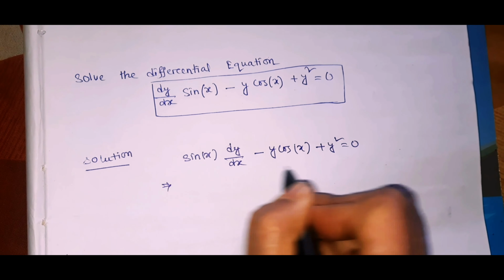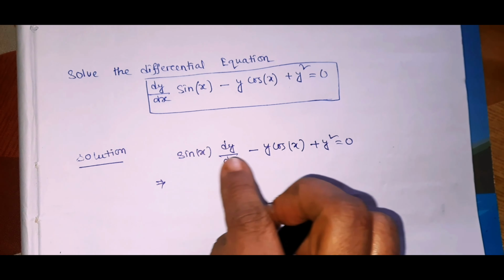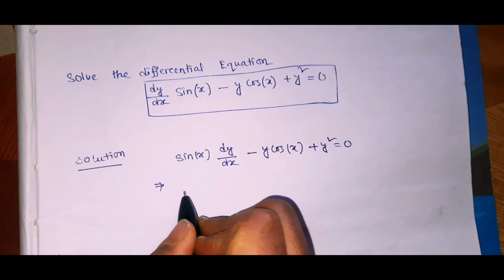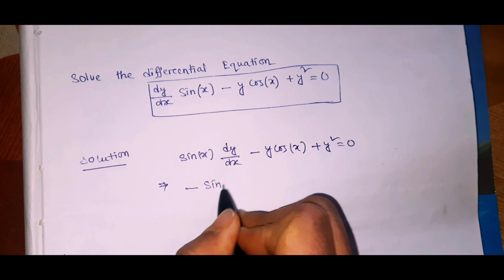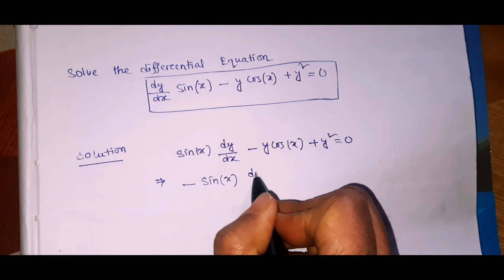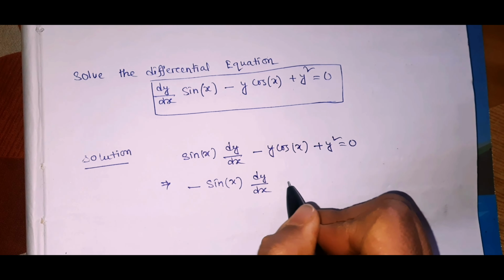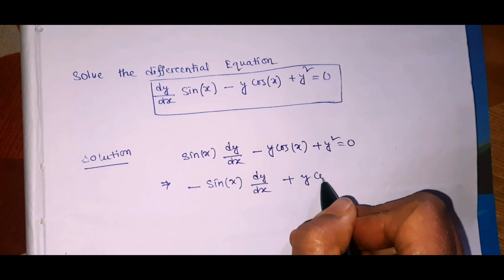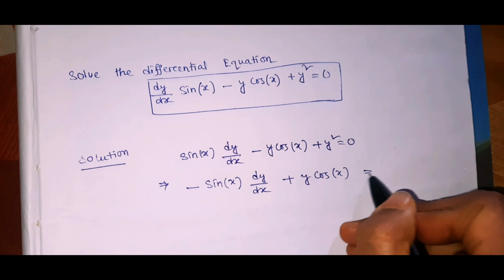Now we take minus common, then we get minus sin x dy/dx plus y cos x equal to y square.